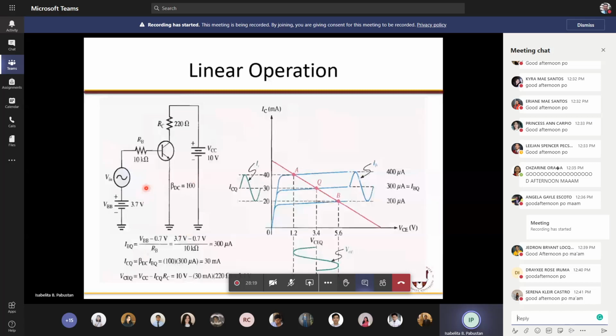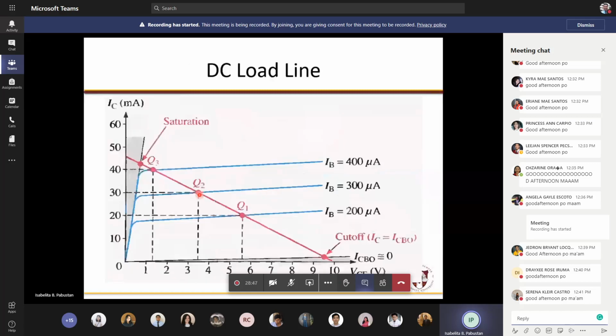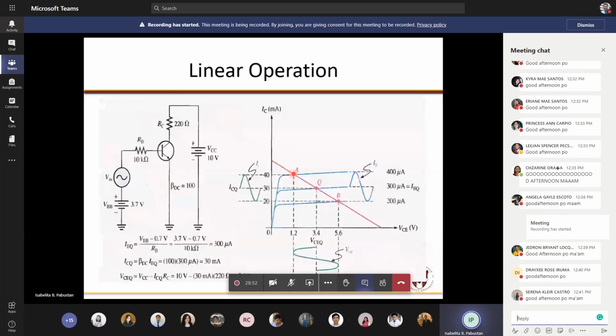For this particular circuit, once you were able to compute for the IB, then that IB, in this instance, 300 microamperes, titingnan natin kung how are we going to draw this load line. Okay? So, you have here three different operating points. Di ba, kanina natin, this one is Q1, Q2, and Q3.